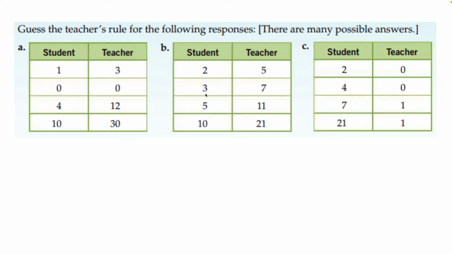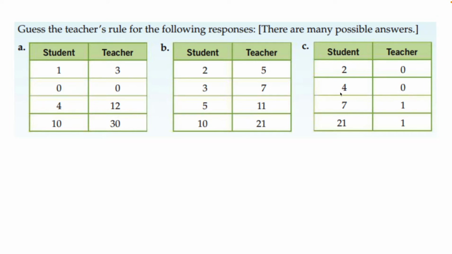How about this? 3 times 2 is 6, 1 more to that is 7. 5 times 2 plus 1, 11. 10 times 2, 20, plus 1, 21. So we can see the pattern here, right? So it's 2n plus 1. 2 times the student's answer plus 1 is the teacher's answer.